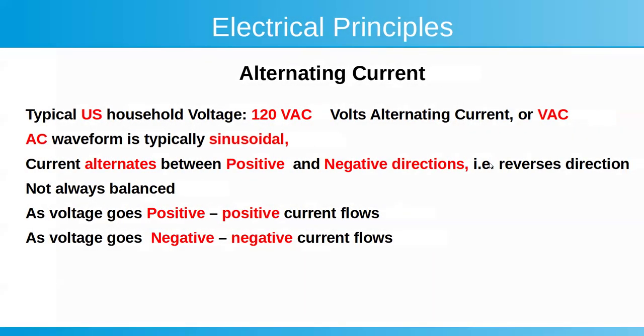Alternating current, your typical household, is 120 volts AC in the United States. It's like 220 in a lot of Europe, I know in Britain. We're 60 cycles. I think Europe is mostly 50 cycles.